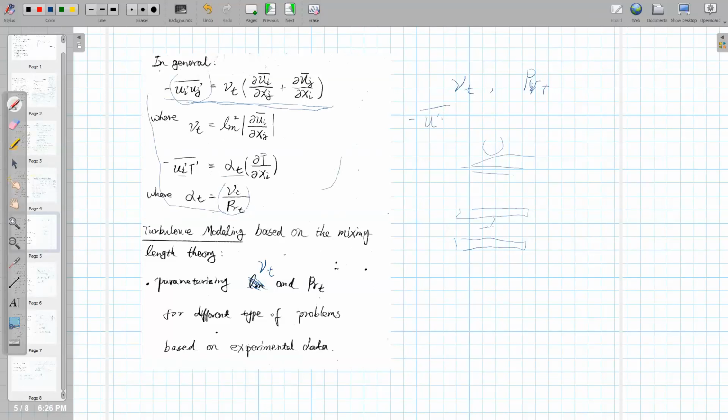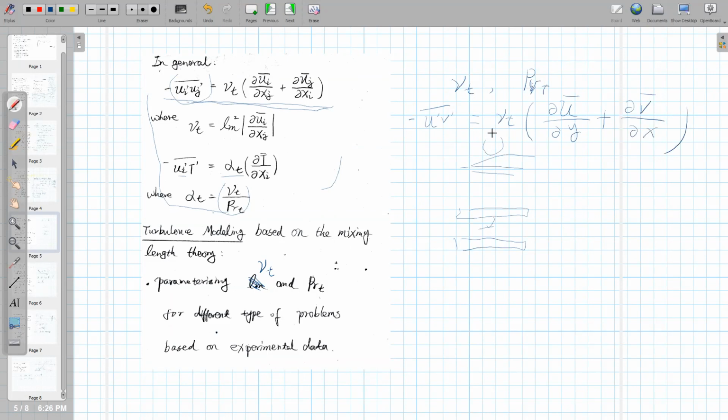If you use this equation for U prime V prime, that means I equal to 1, J equal to 2, right? So this should be equal to mu t of partial u bar, partial y, plus, for J equal to 2, partial v bar, partial x.